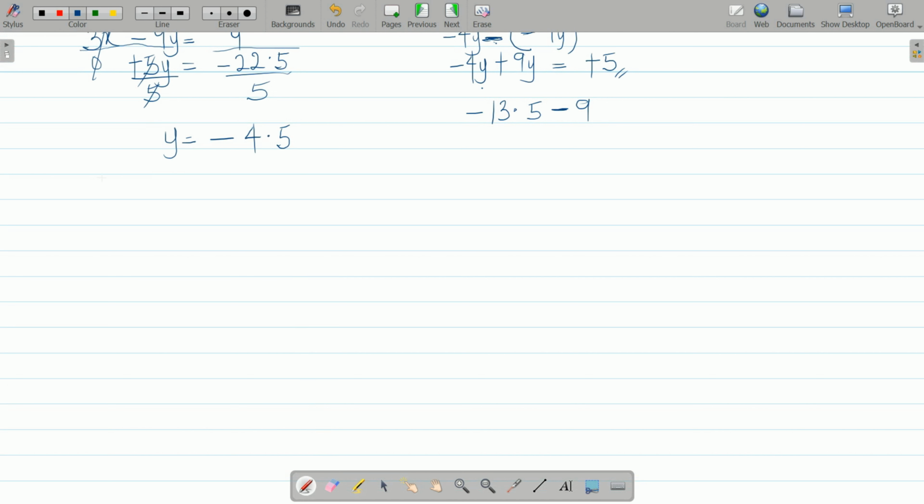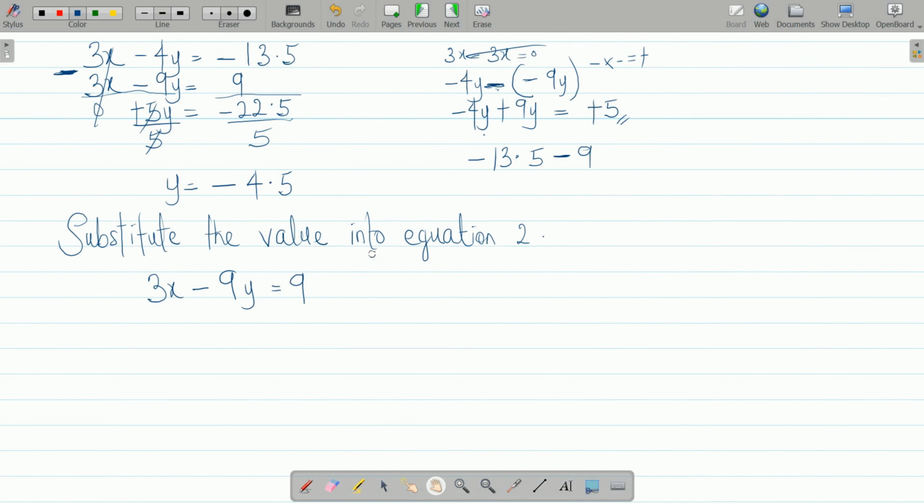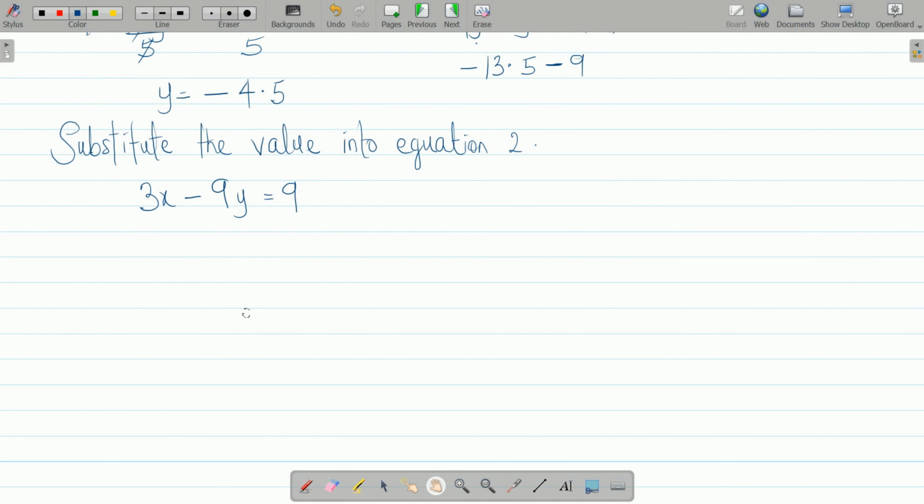We're to substitute the value of y into any equation, but I will prefer equation 2. Three x minus 9y equals 9. And that's it. 3x minus 9 in bracket minus 4.5 equals 9.